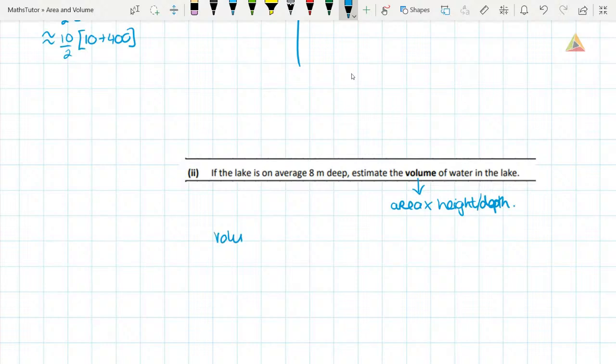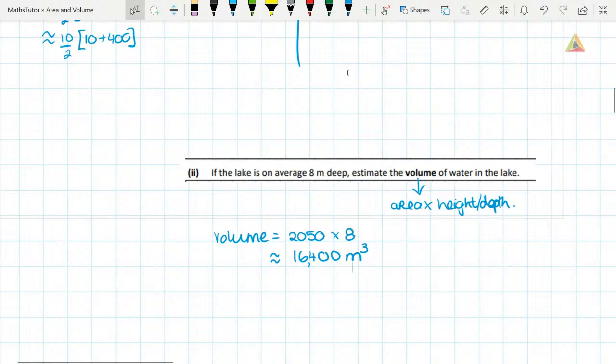So our volume is going to be our area, which was 2,050 meters squared, multiplied by the average depth of 8. So we're going to be saying our volume is approximately equal to, and I'll just multiply those on my calculator to get 16,400, so 16,400. And now I just have to keep an eye on my units. So my units for volume are always going to be meters cubed.